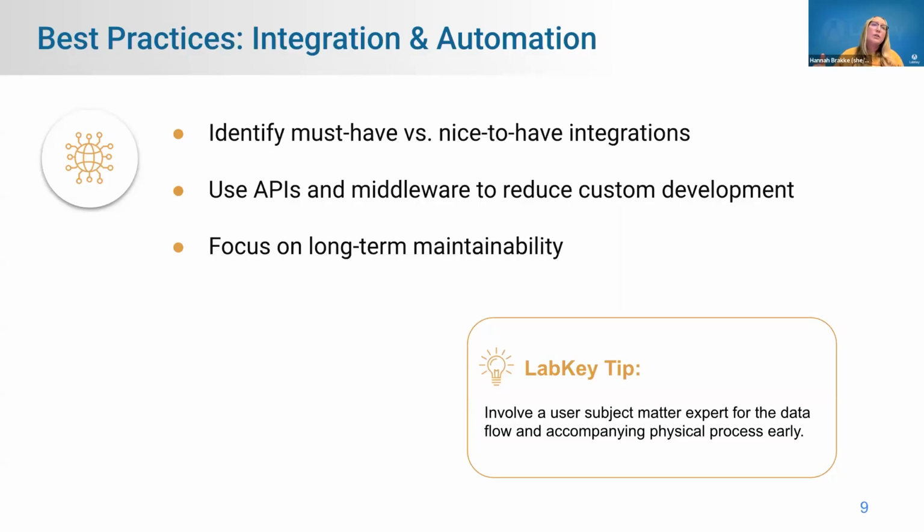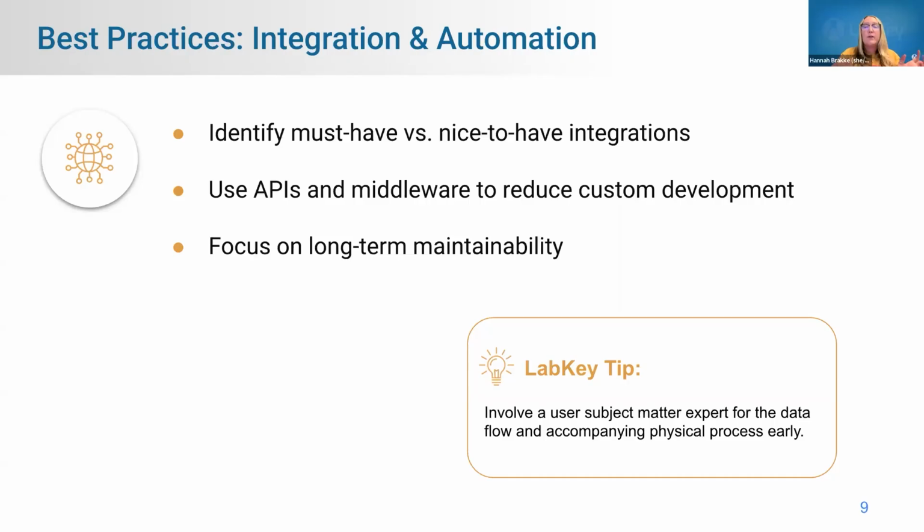There are also lots of other tools that can help reduce custom development, which I'm sure most folks on the call have recognized can have a big cycle time. It can also be a cog in this wheel of LIMS implementation. So you can use tools like APIs if your LIMS vendor has that, and other middleware to help reduce that custom development.